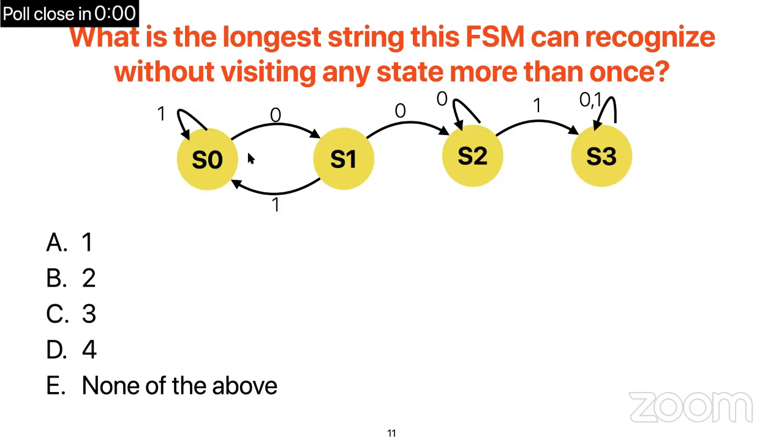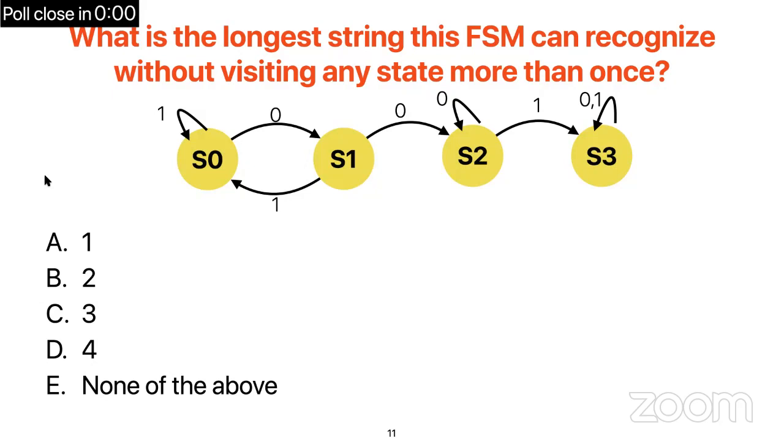Okay, so for this question, anyone has thoughts? Okay, so I have Xie Xiangying. Oh, I put down C because basically you can go from S0, S1, S2, S3, and there are 3 transitions. Right.